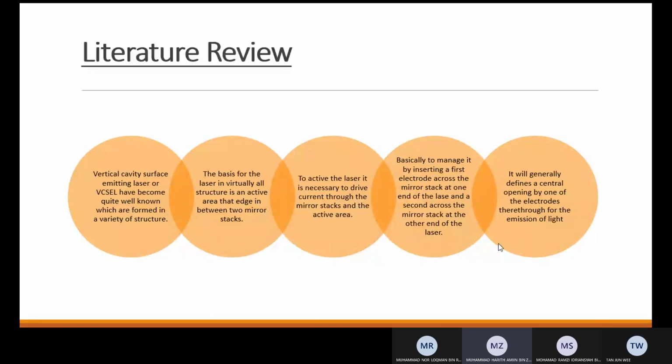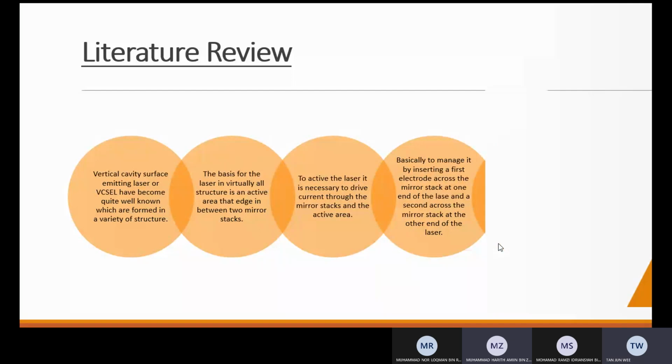Basically, this is managed by inserting a first electrode across the mirror stack at one end of the laser and a second across the mirror stack at the other end of the laser. It will generally define a central opening through one of the electrodes for the emission of light.